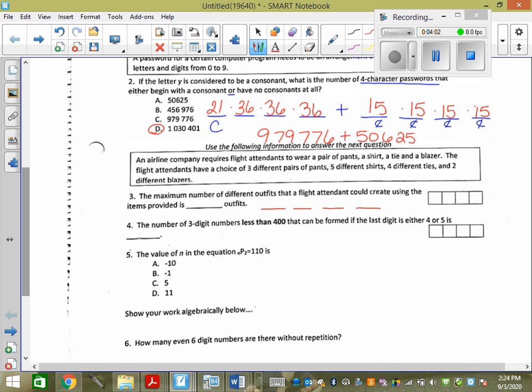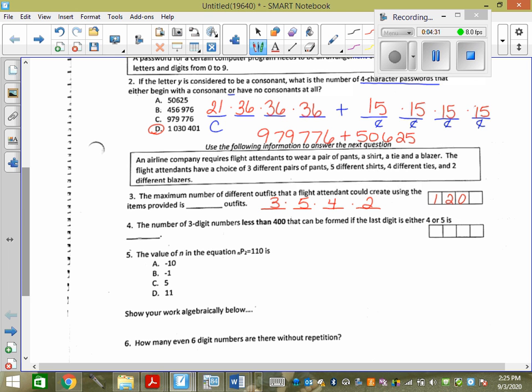The maximum number of different outfits a flight attendant could create using the items provided are 3 times 5 times 4 times 2, which is 20 times 6, which is? What's 20 times 6? 120. Numeric responses are always filled in left to right like you read. Okay? Not right to left.